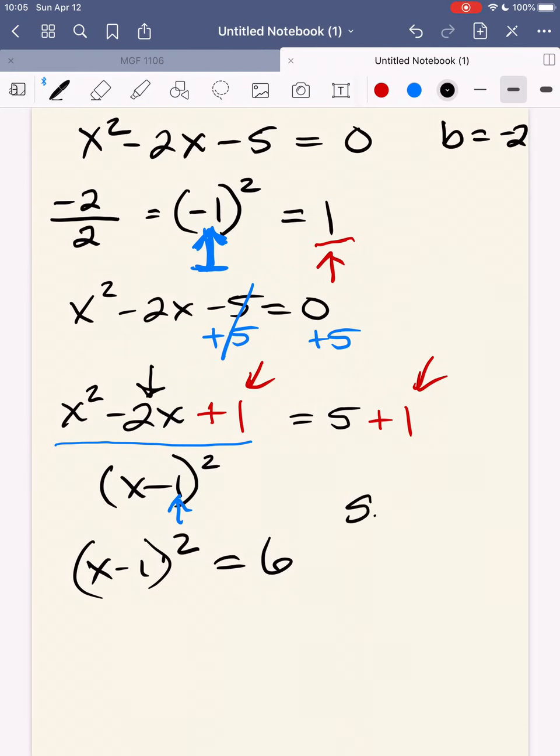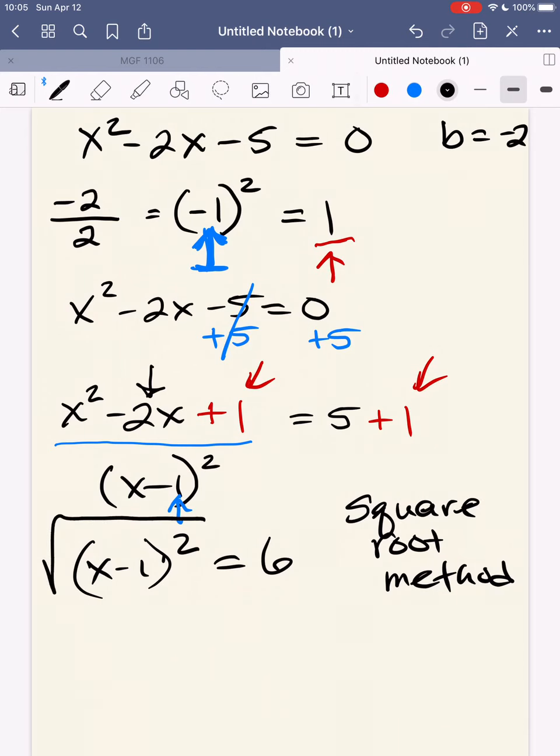Now I'm going to use my square root method that I've been using, and take the square root of both sides. Remember, when I use the square root method, those two are opposites and they cancel, which leaves me with just the x minus 1. You can leave it in parentheses or not, it doesn't matter.